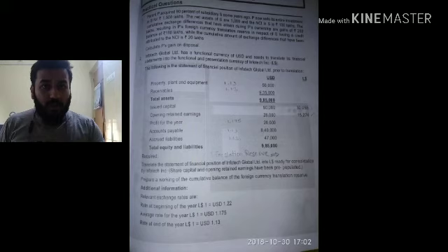The rate on the closing date is 1.13. Receivables is again a monetary item, so we have translated at 1.13. Issued capital we have taken at its given amount, and opening retained earnings at its given amount.